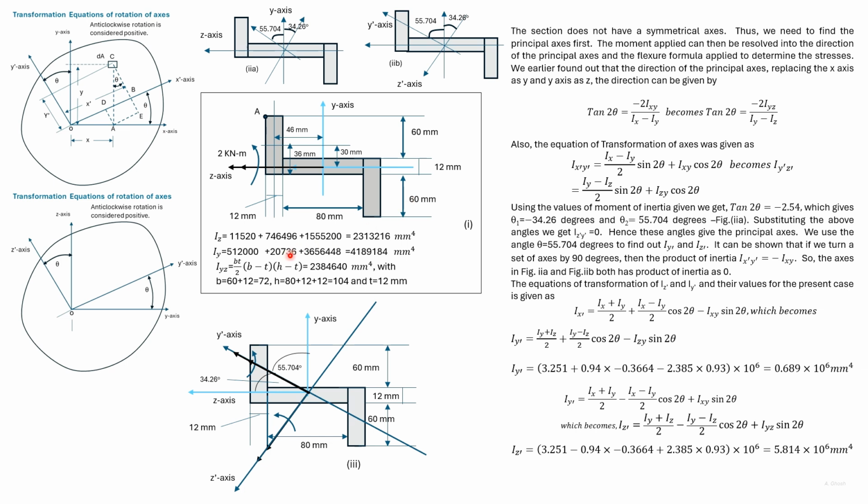Using Iy, Iz, Iyz, and the theta we have found out, we determine Iy dash. We also determine Iz dash. So the axes y and z given were the arbitrary axes, and we have now found out the axes at which the product of inertia is 0, and also found out y dash and z dash.